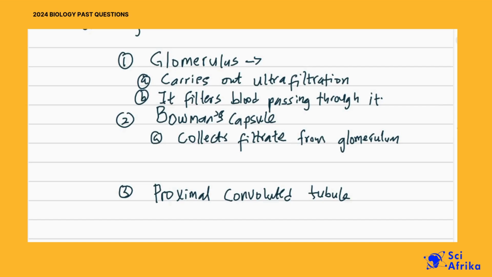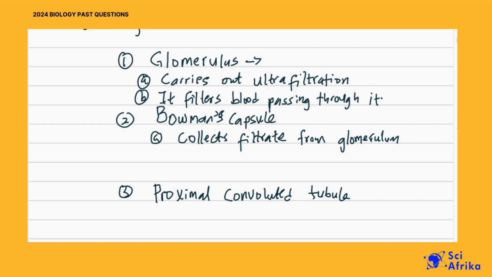The proximal one is the one just after we leave the Bowman's capsule. After the loop of Henle, going down to the collecting duct, we have the distal part of the tubule. Both of them work hand in hand.